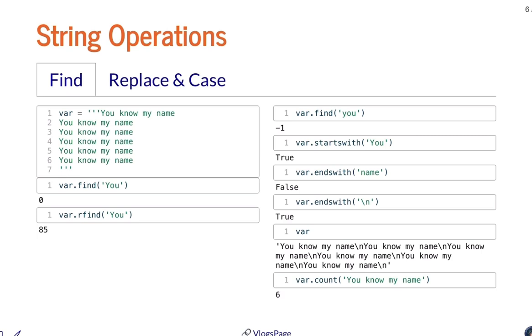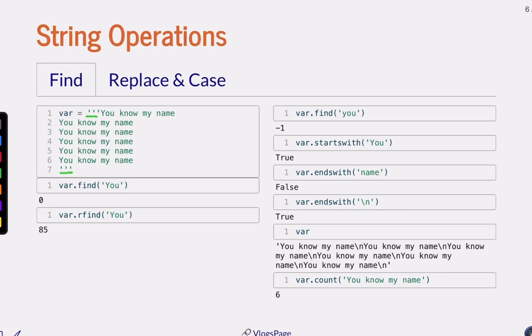Now find is very useful, especially to find a specific word within a larger sentence. Here we have declared a variable using three quotations, which we discussed in our previous episode, with multiple "You Know My Name".